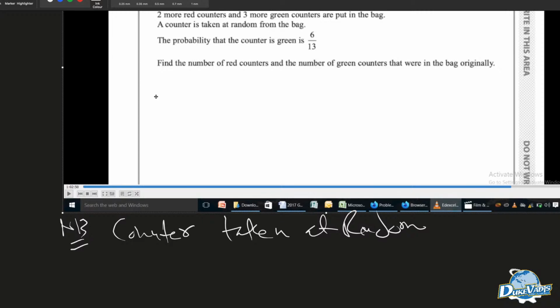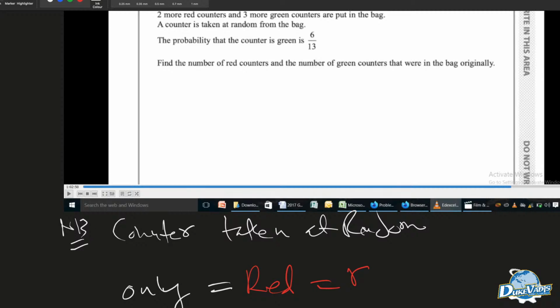Okay, so the counter taken at random. What we have is only red counters and only green counters.